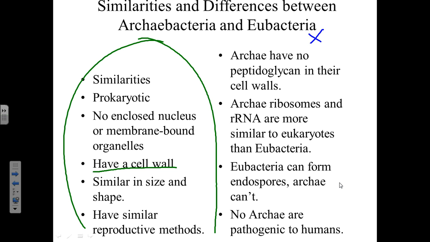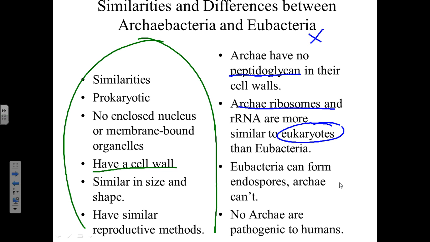Even though they both have cell walls, the archaea don't have that peptidoglycan stuff in their walls. Their walls are pretty diverse. Their ribosomes are different. They both have ribosomes, but they're different structures. The archaea ribosomes are more similar to eukaryotic ones than they are to regular bacteria.